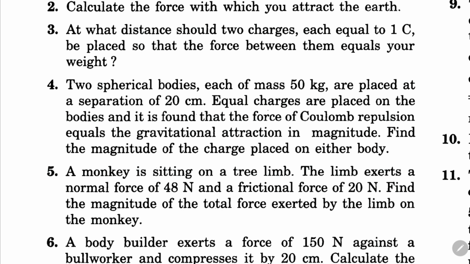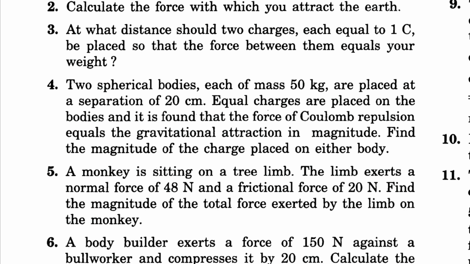Now in question 4 we have two spherical bodies, the masses of both the bodies is 50 kg and the separation is 20 centimeter. Then we are placing equal charges on the bodies, so they will obviously repel because same charges repel each other. They will try to go away.